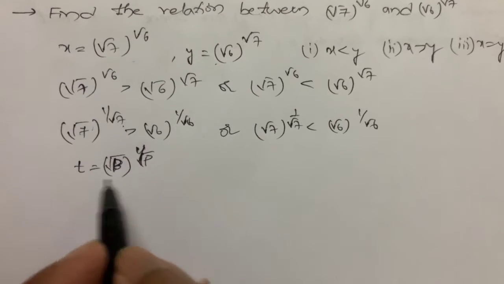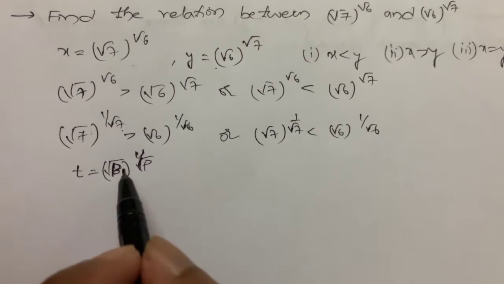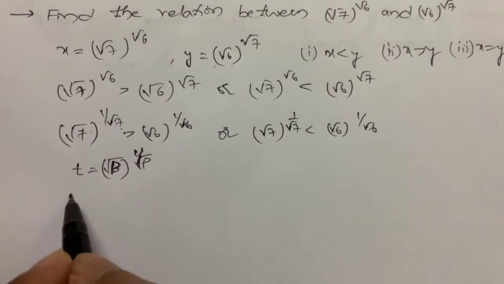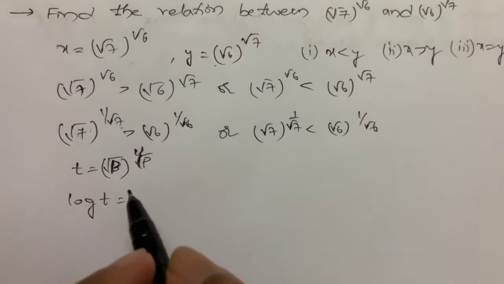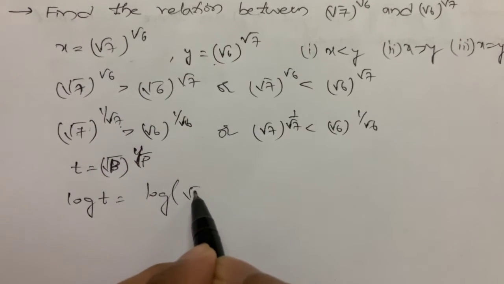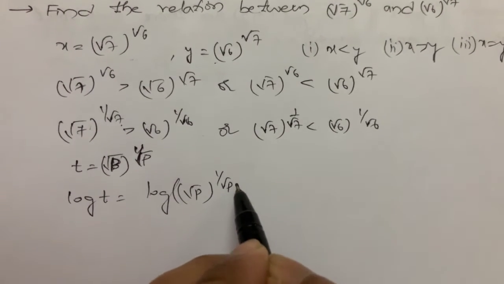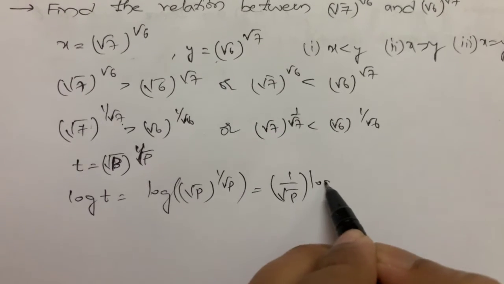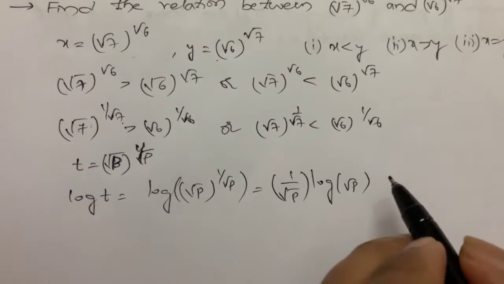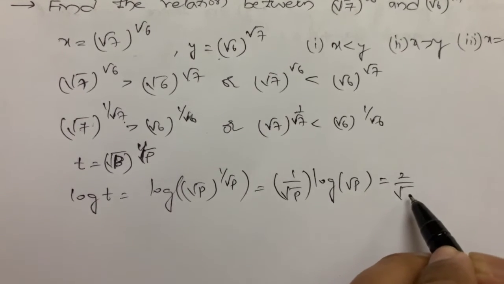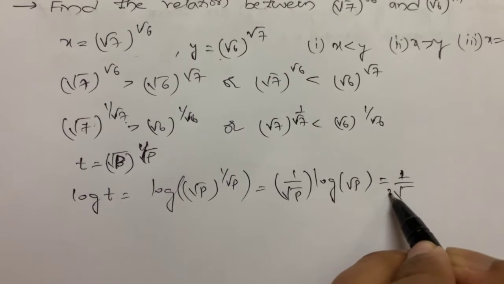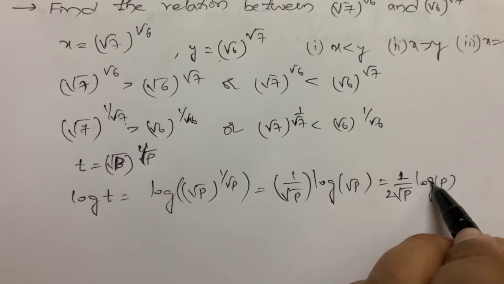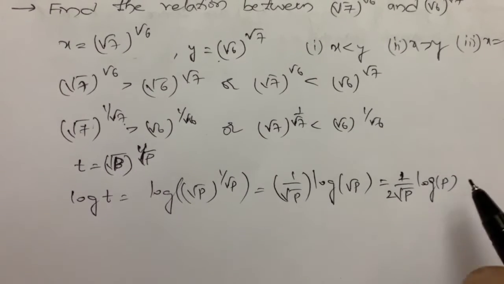Apply log, because if I want to see whether this function is increasing or decreasing, I have to do the differentiation. So log t is 1 by root p into log root p, which is 1 by 2 root p into log p. Now we have t as a function of p.